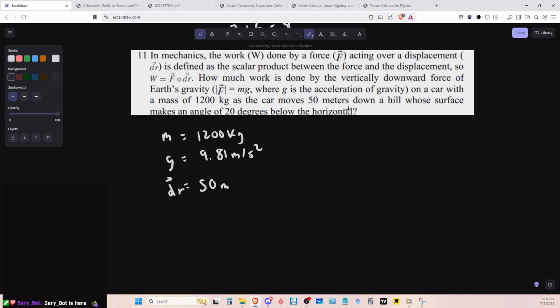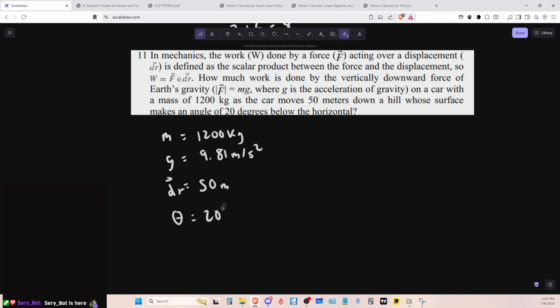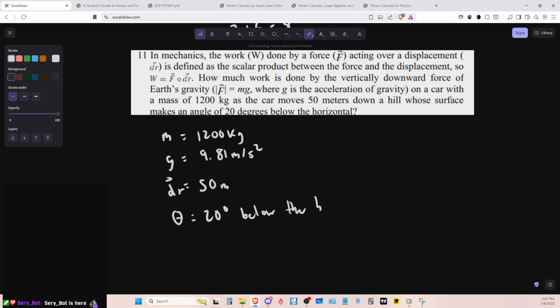The car moves down a hill whose angle, let's put that as theta, is 20 degrees. It's 20 degrees below the horizontal.